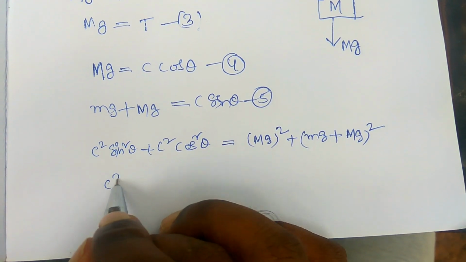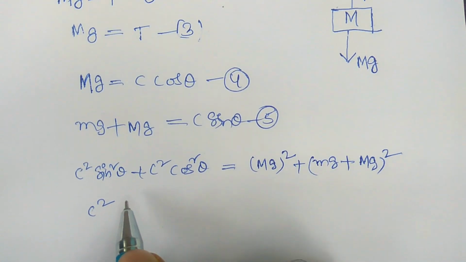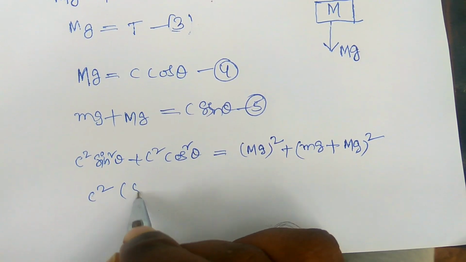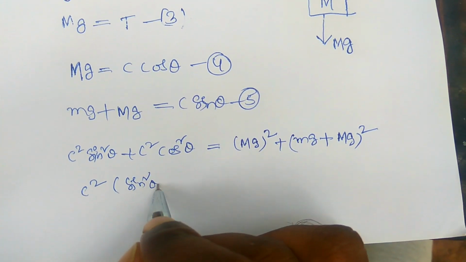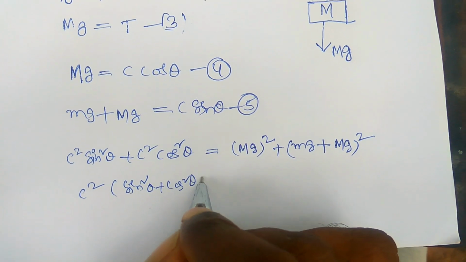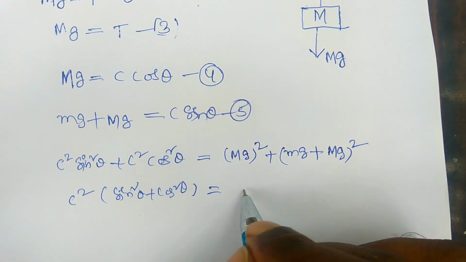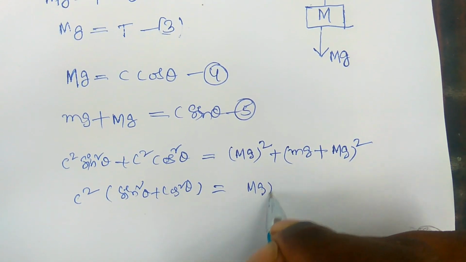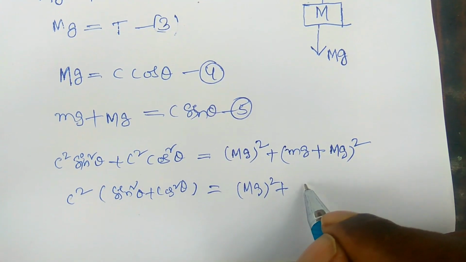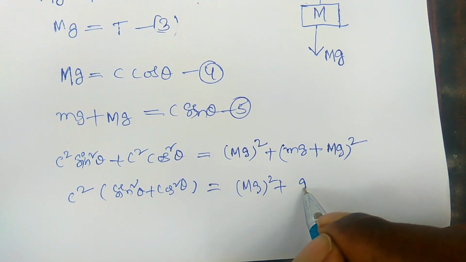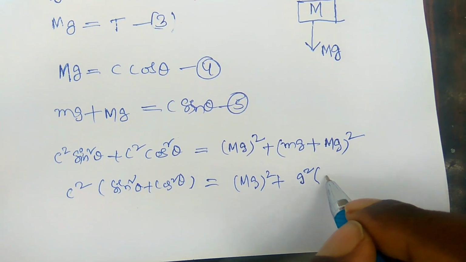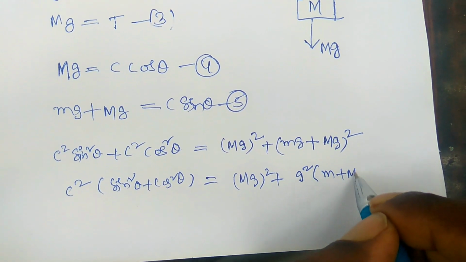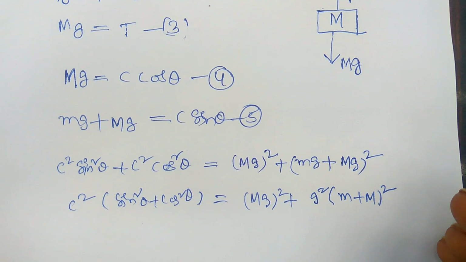The C square will be common, so we write sin square theta plus cos square theta, and on the right side g square will be common: capital M square plus small m plus capital M whole square. Right?